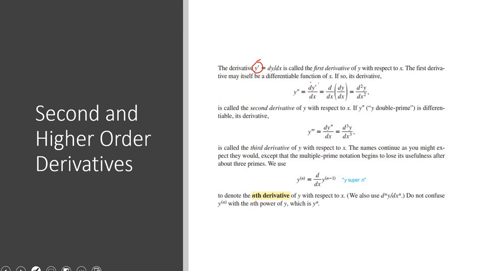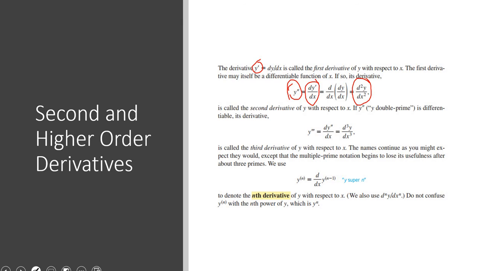So if I take the derivative of y prime, then I have just found the second derivative, which is sometimes denoted as y double prime, or it can also be denoted like this, where we have d squared y divided by dx squared. And this is again known as the second derivative. And you can keep taking derivatives of derivatives as much as you want.